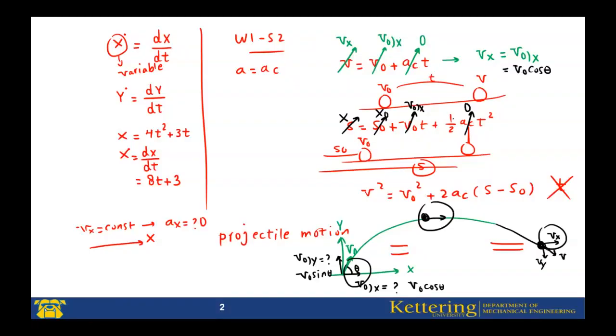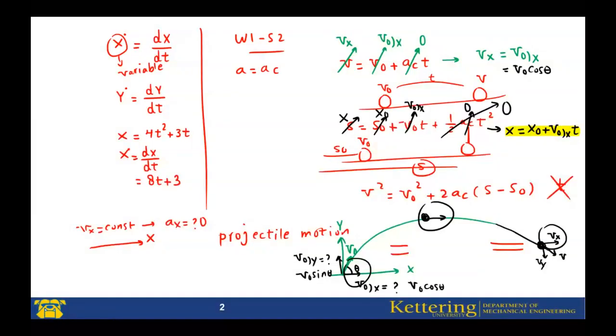Also, this term is zero. What I can conclude from this is x equals x0 plus v0x multiplied by time. This is the only equation that I need for a projectile motion along x.